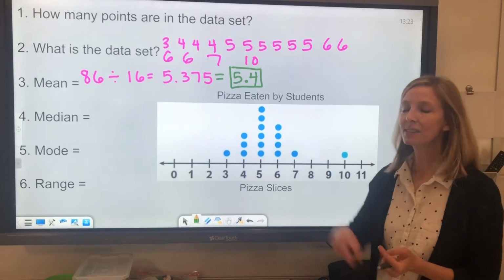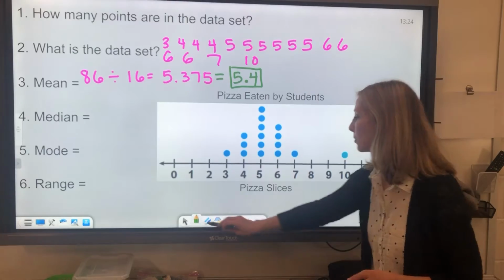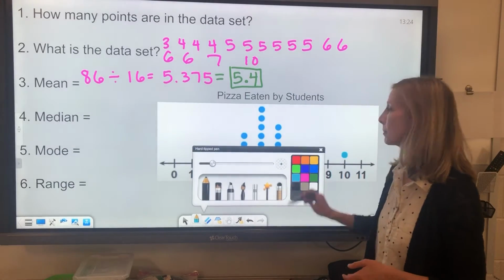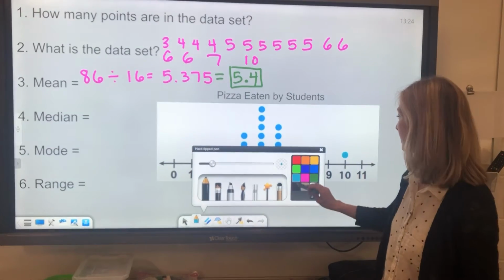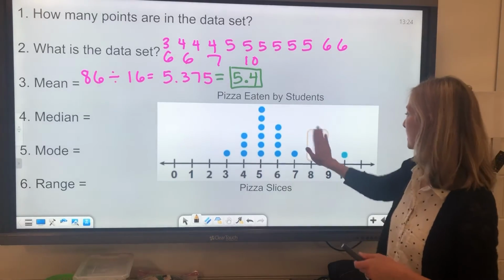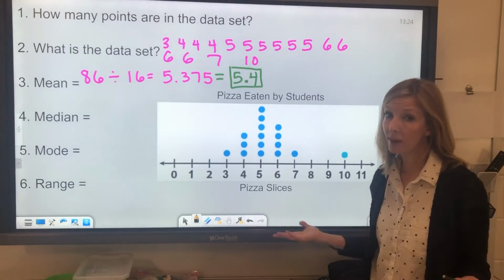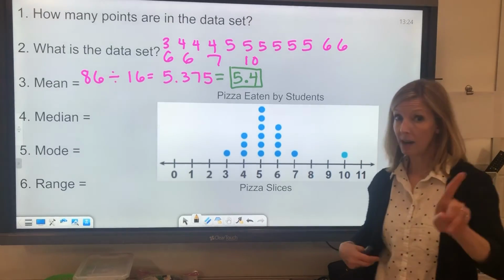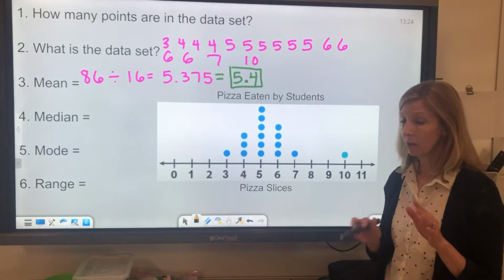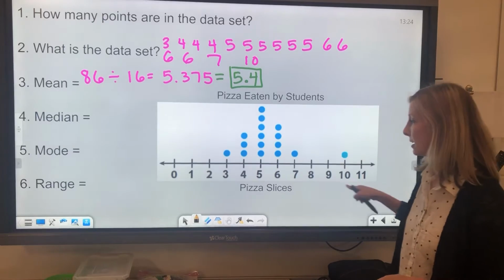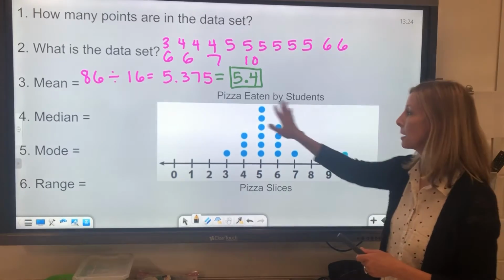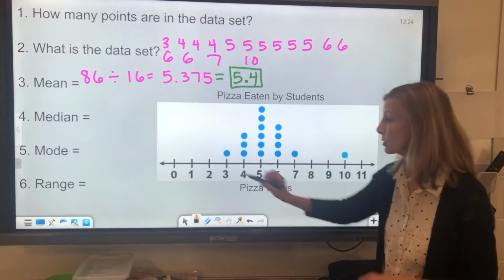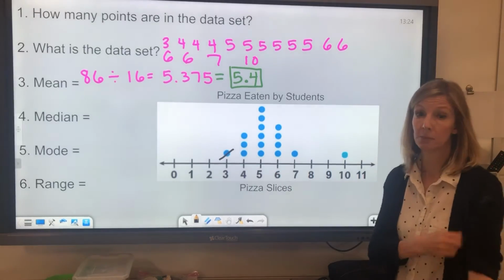Okay, I can also find the median. Now, remember, the median is simply the number in the middle. So, maybe this isn't the easiest way to find the median, but it can be done. For example, I should point out, one thing we're not looking for: you're not going to look at your number line down here and find the number in the middle. It's the number in the middle of your data points. So 3 is my first data point, that's the smallest.